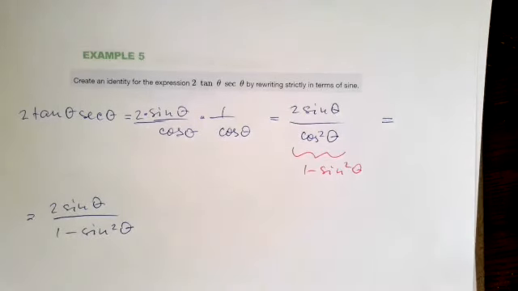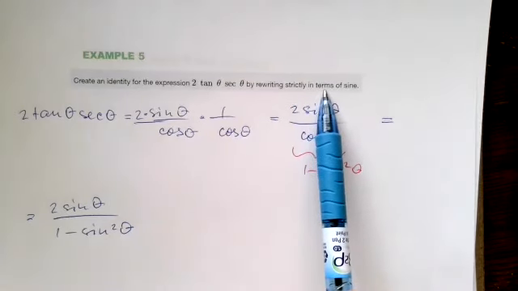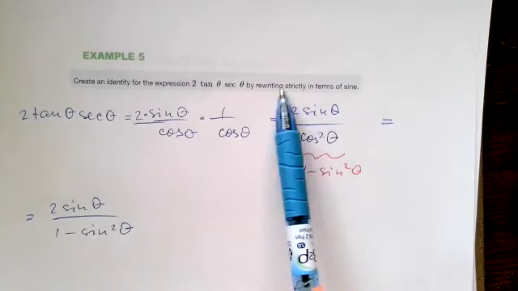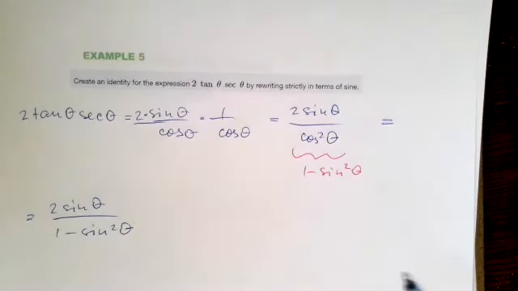And this is it. We actually completed this example. It says rewrite strictly in terms of sine, which we did. That's it. We cannot simplify it anymore.